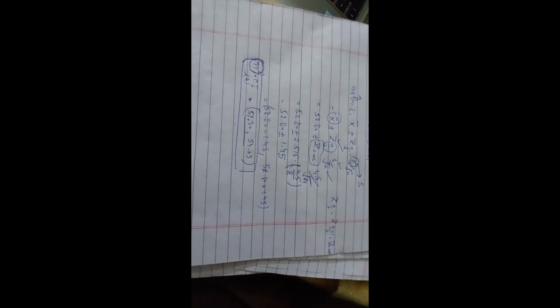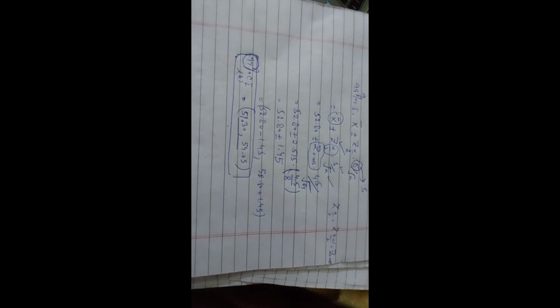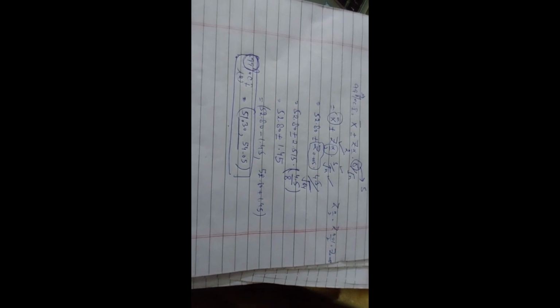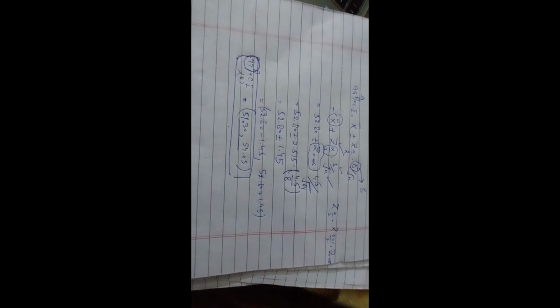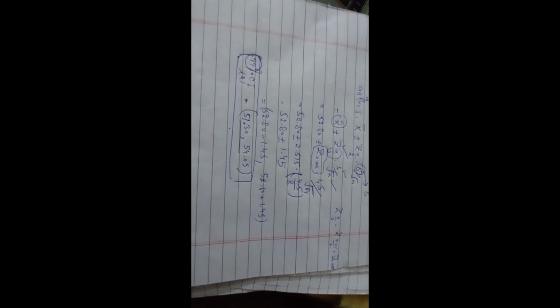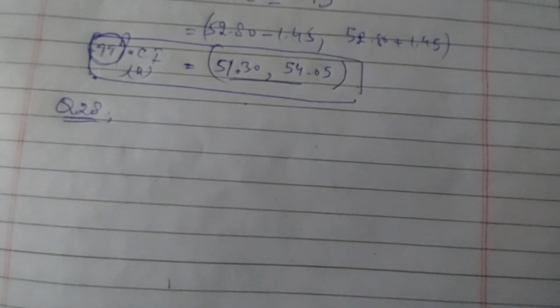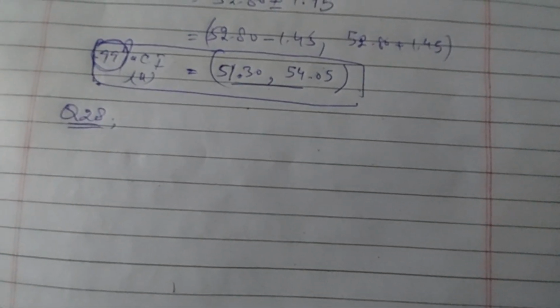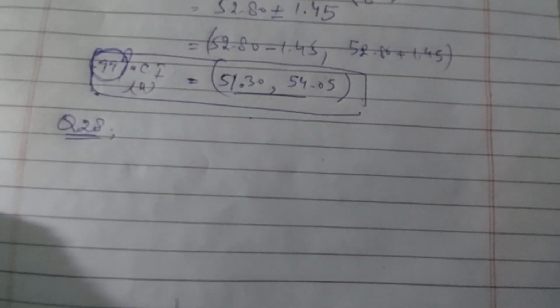And questions number 22 and 23 are the same as questions number 20 and 21. So now we have done about 5 problems. Now question number 28. This is a bit tricky, so you have to focus on this one.